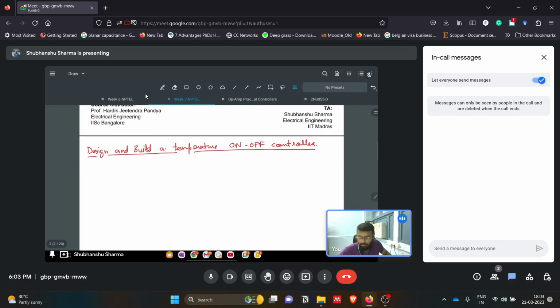So basically in this we learned that there is a control system which consists of a controller, then our heating plant. This is the plant for which we are controlling the temperature, the heating plant.